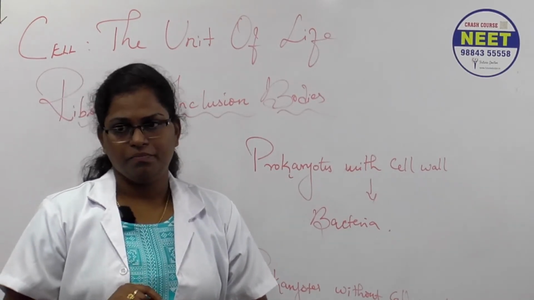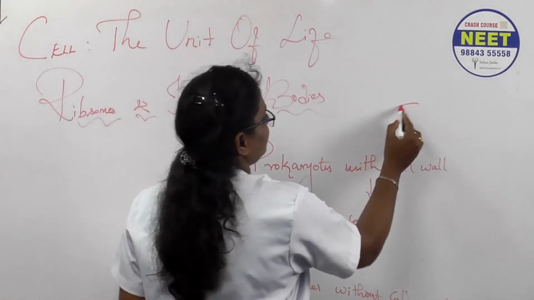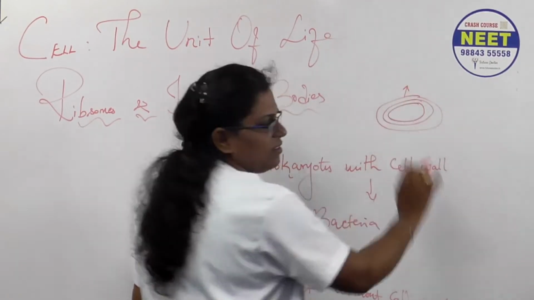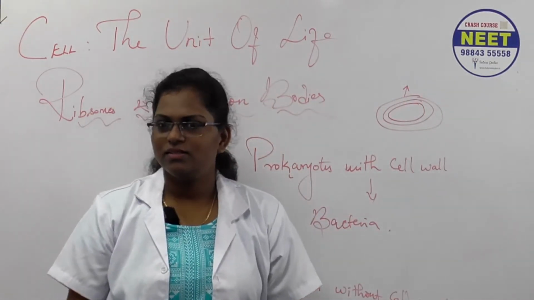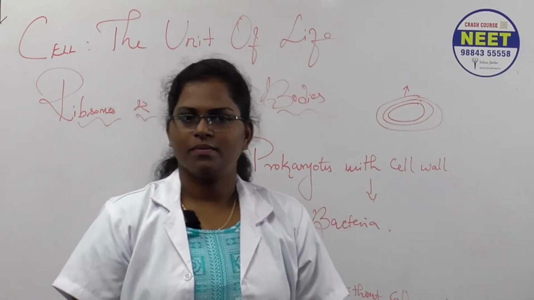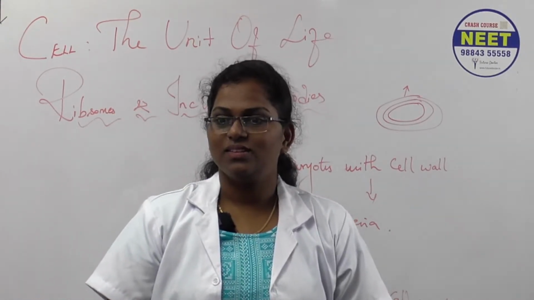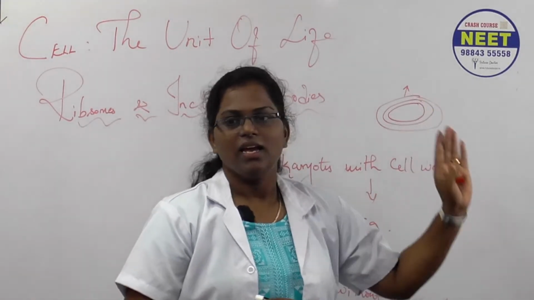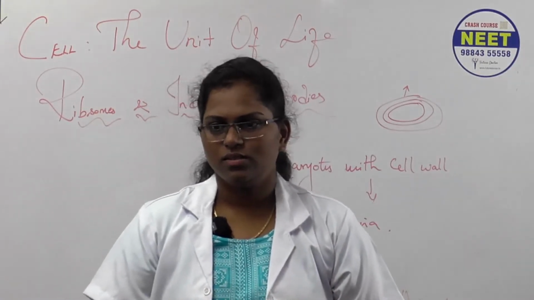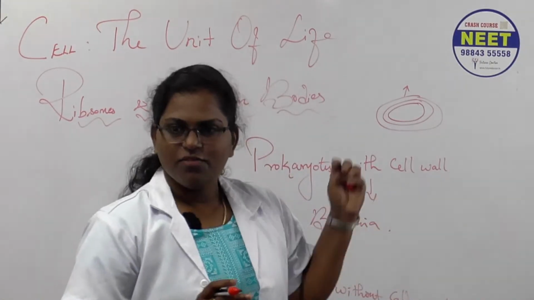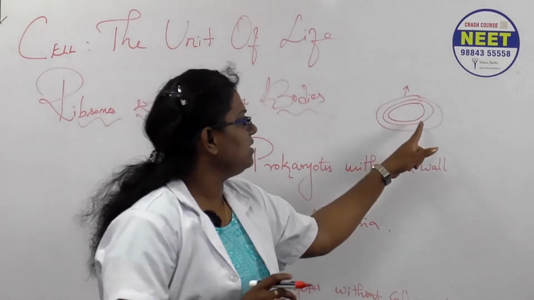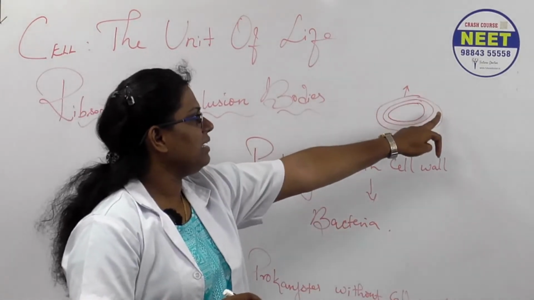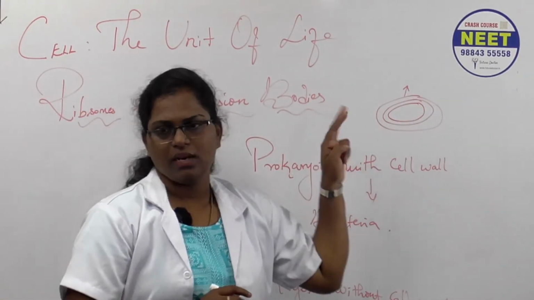And what will be the three layers of bacteria? Bacteria we have studied, three layers. What is the outermost layer? Very good. The outermost layer is glycocalyx, followed by the cell wall, and followed by the plasma membrane.